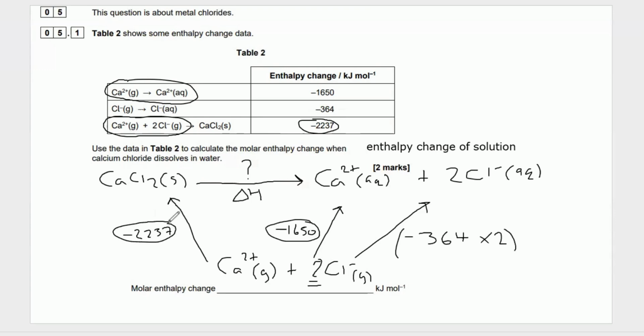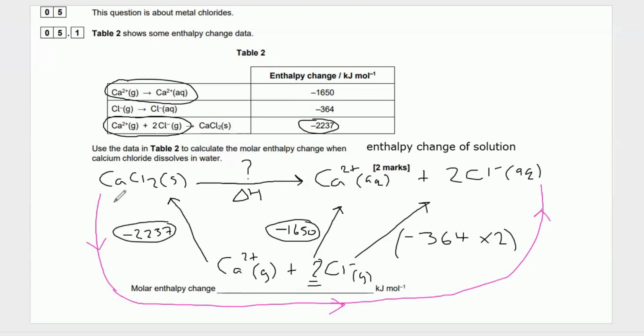Now, what we can do with these numbers is remember Hess's law: it doesn't matter which route you take, the overall energy change is the same. So if I want to find out that top route with the question mark, I just draw an arrow going round here. I've chosen a lovely purple color. We're going to draw an arrow going all the way around in this direction, and the overall energy change will be the same.